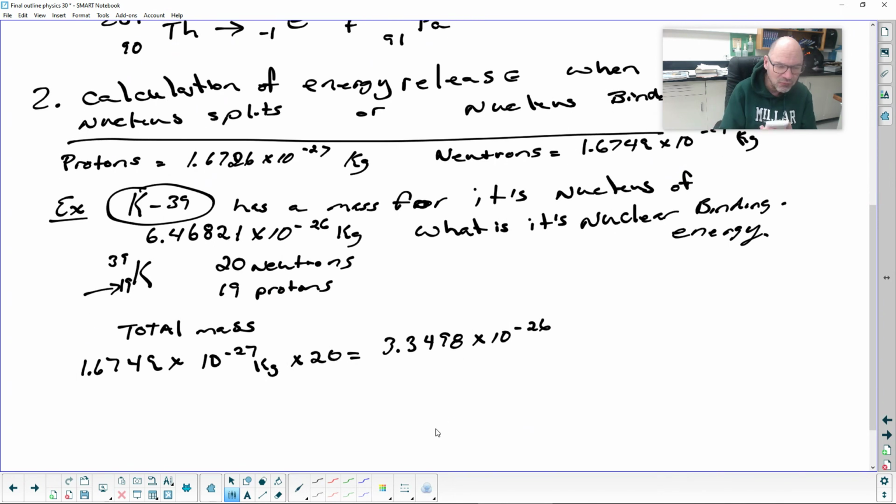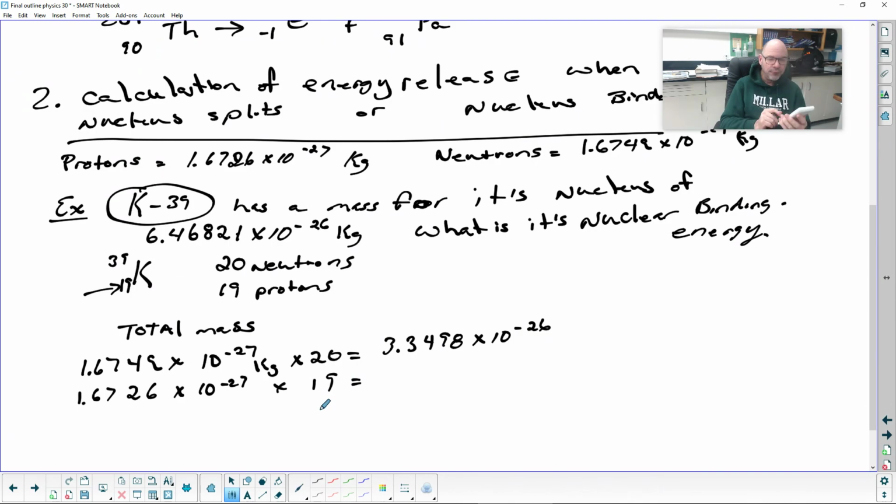And then underneath it, we'll do the protons. So they're a little bit lighter. Now the protons, there's only 19. So those two things will total up to 39.